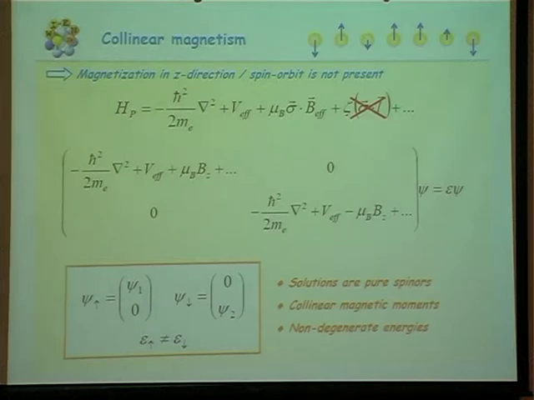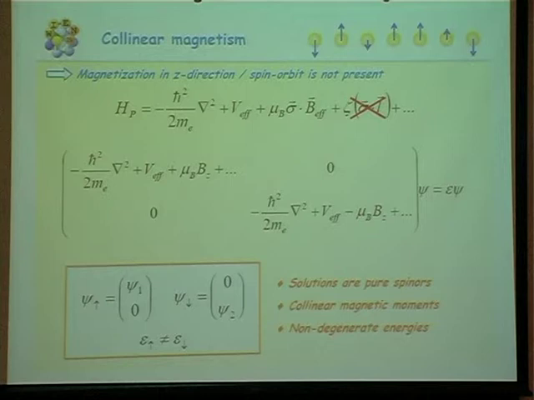What does it mean? Our exchange field suddenly is a scalar, if you want. We have only one number, Bz. X and Y are not defined anymore. We take Z as the maximum. That's it. The magnitude. And it's plus and minus over here. The off-diagonal terms are 0.